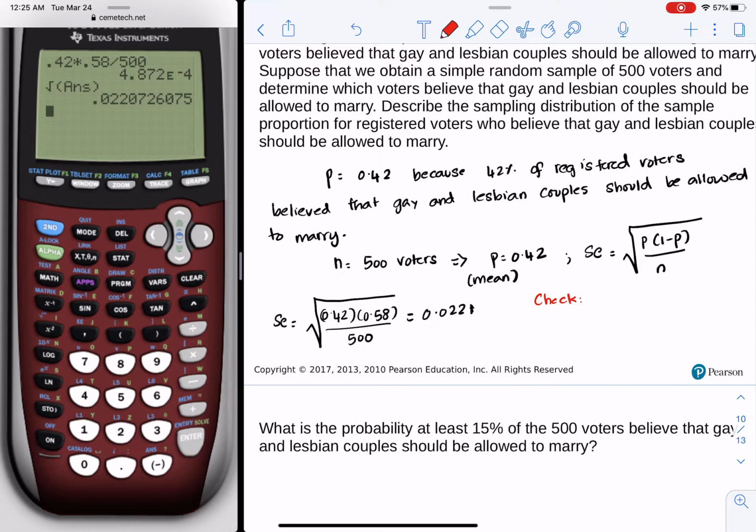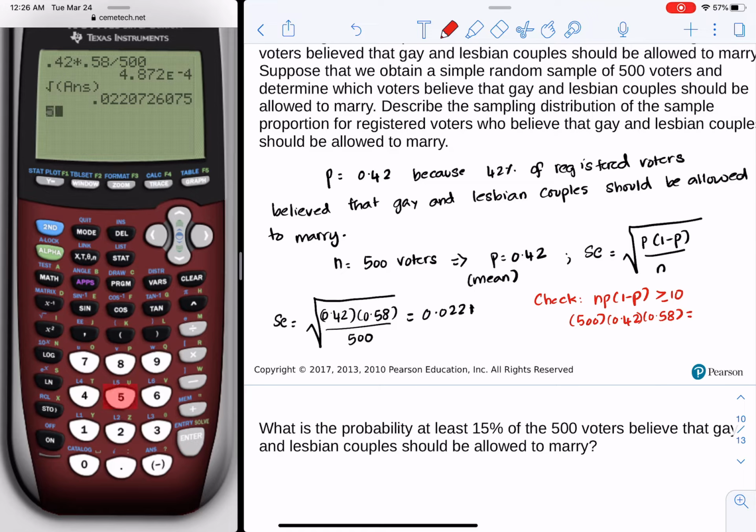Now, if this condition fails, all we can conclude is that the normal distribution assumption is not going to hold. But if this condition, np times 1 minus p is greater than or equal to 10, holds, then we would have a normal distribution. So, what is n? n is 500, p is 0.42, and this is definitely going to be greater than 10.